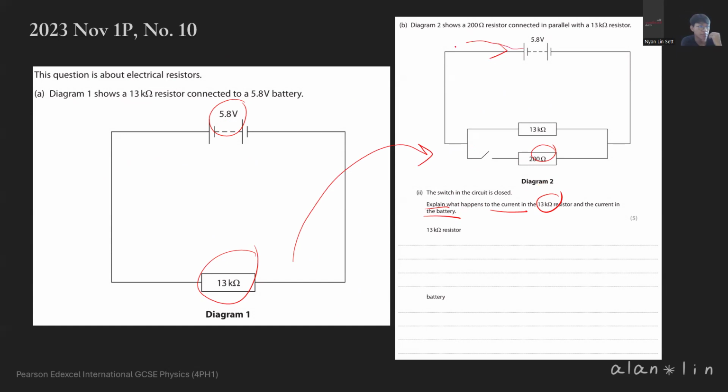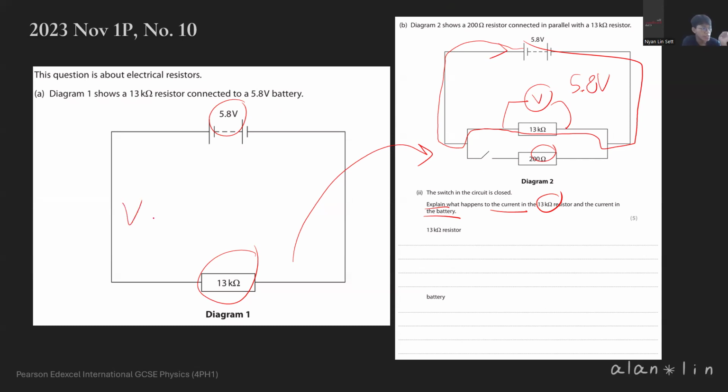So starting with the 13 kilo ohm resistor, guys, please take a look. The 13 kilo ohm resistor still has the same path, and therefore the voltage across it is still going to be 5.8 volts. And the resistance of that resistor is still 13 kilo ohms.